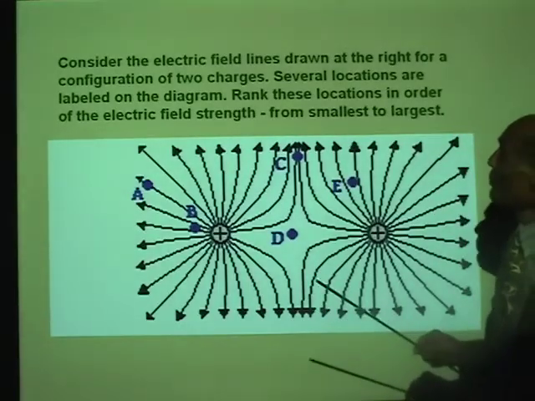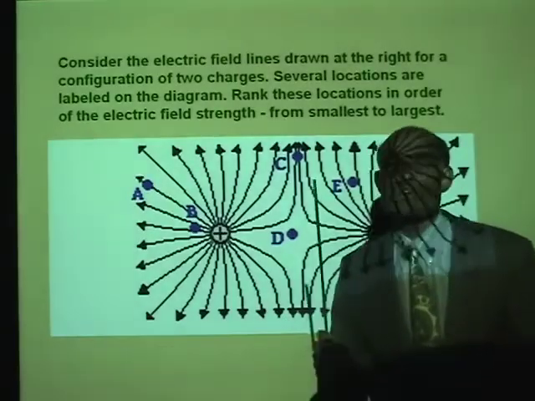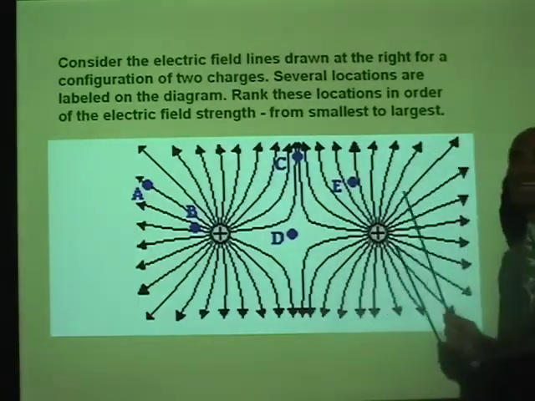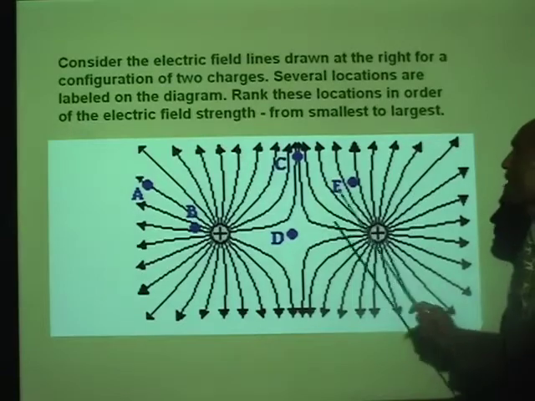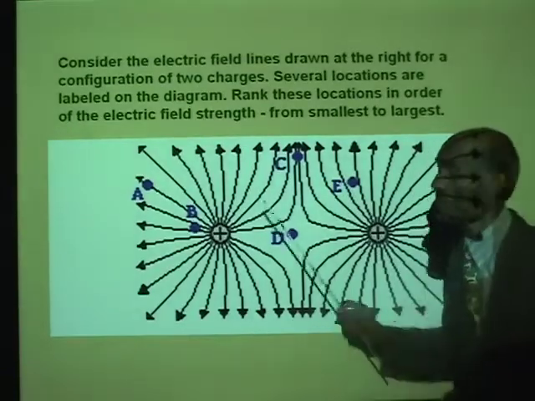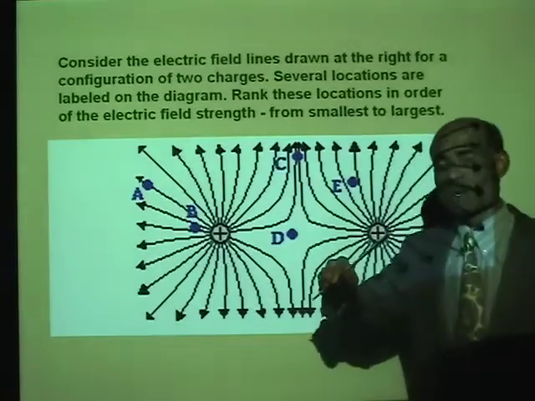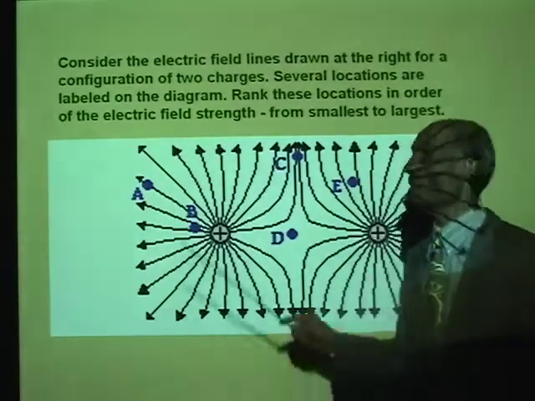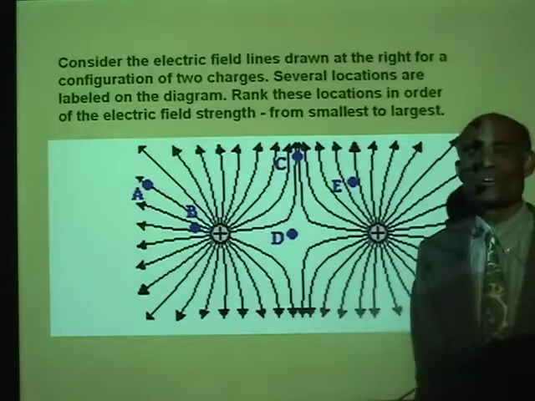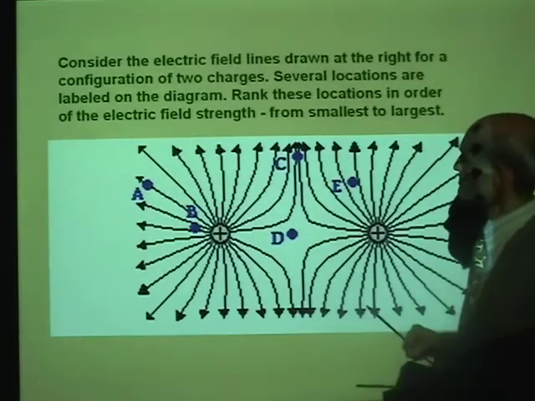In other words, where is the field strength weakest? Where is the weakest field? And where is the strongest field? You are required to put these points in order according to the strength of the field. Alright, include this also in your homework.